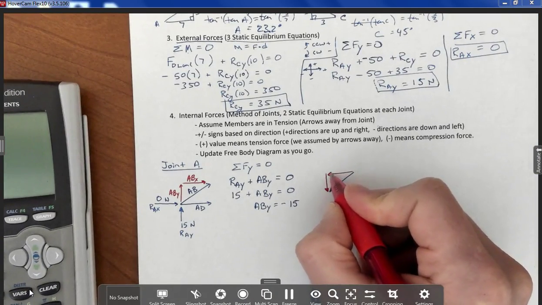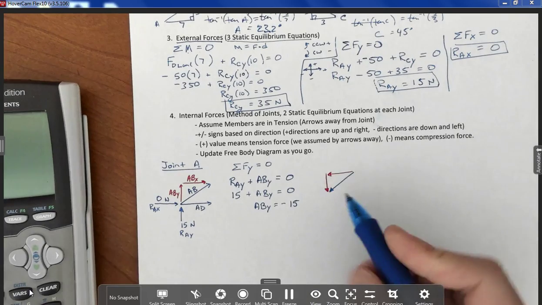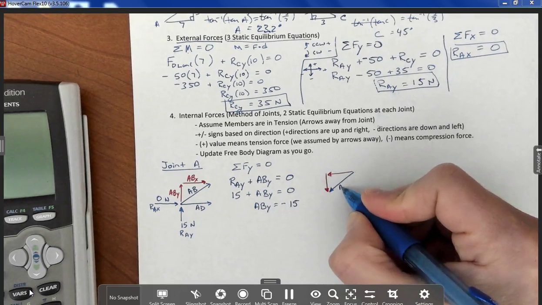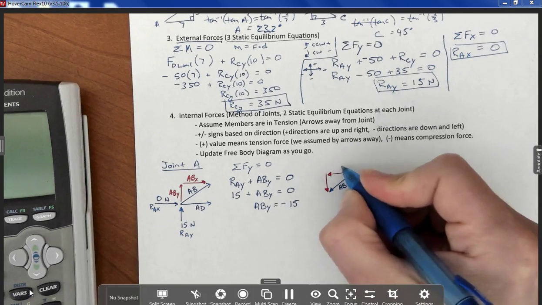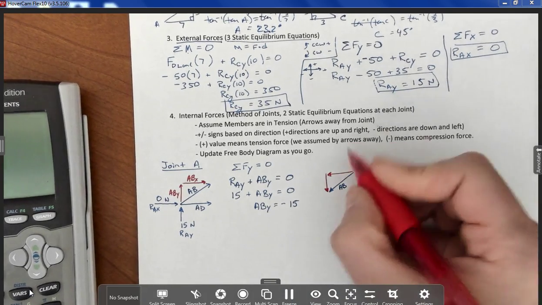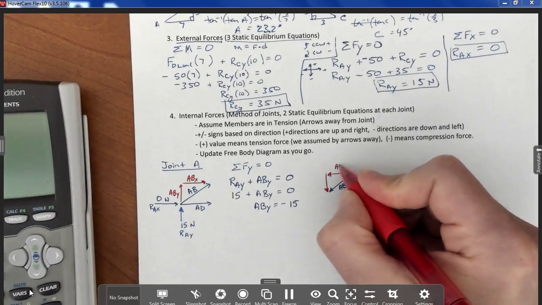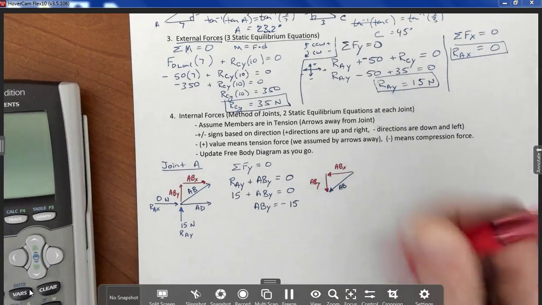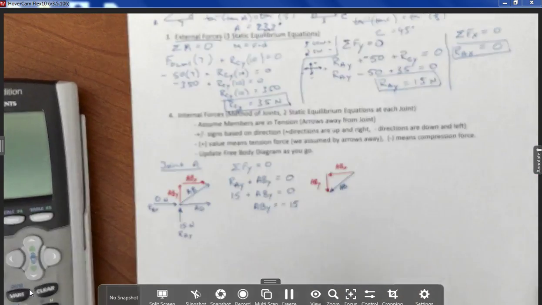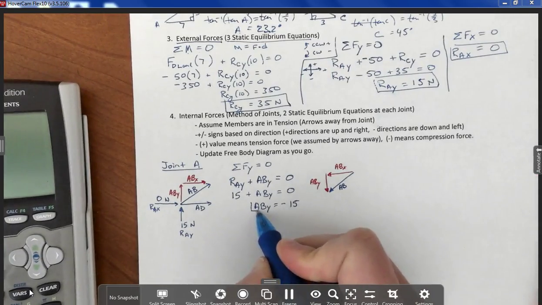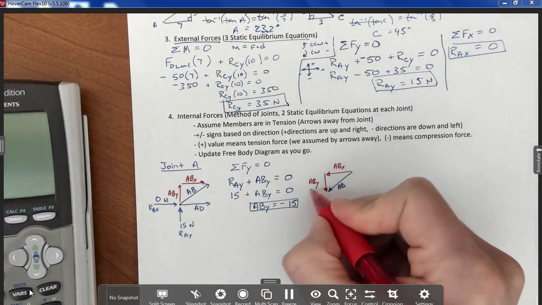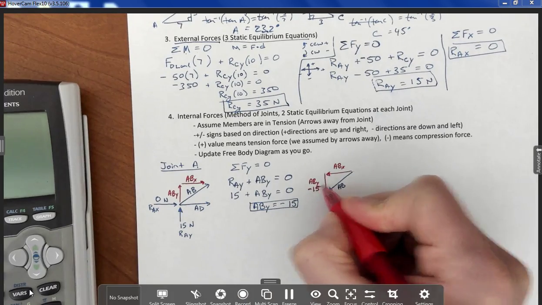So we can redraw our free body diagram, our component forces, and so this is AB, and this is ABX, and this is ABY. And ABY, we just found out, was negative 15, right? So this is negative 15.